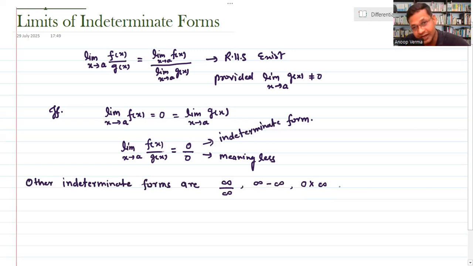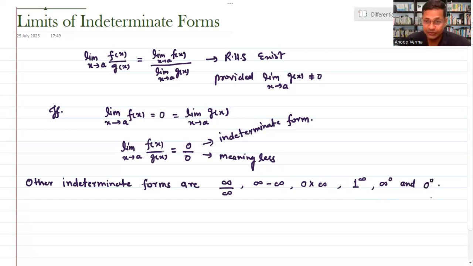Also, 1 to the power of a finite number becomes 1. But what will be the value of 1 to the power infinity? This is an undefined value. You can say this is indeterminate, which means we cannot determine this value. Okay. Next, this is infinity to the power 0, and this is 0 to the power 0.